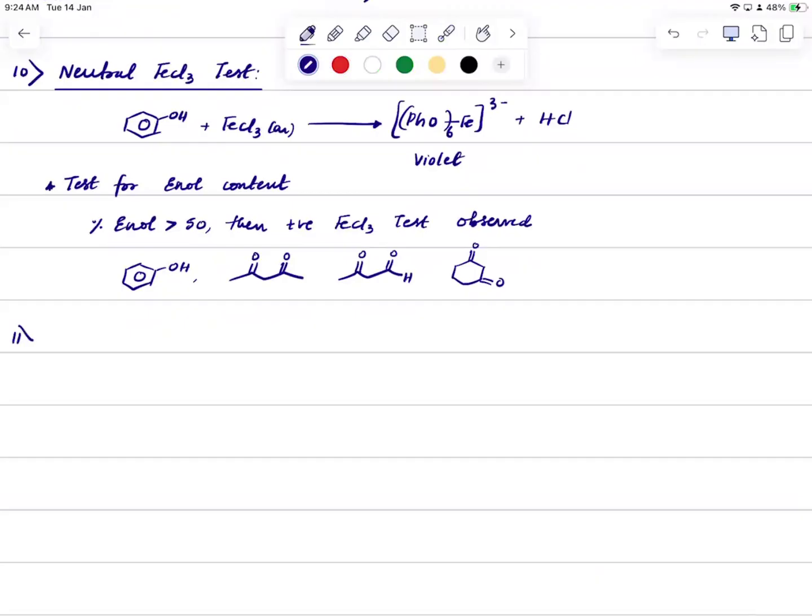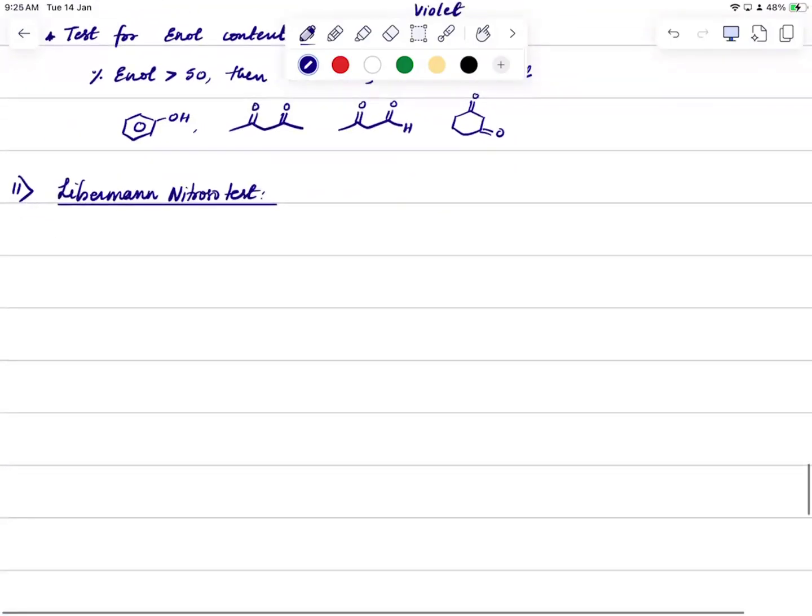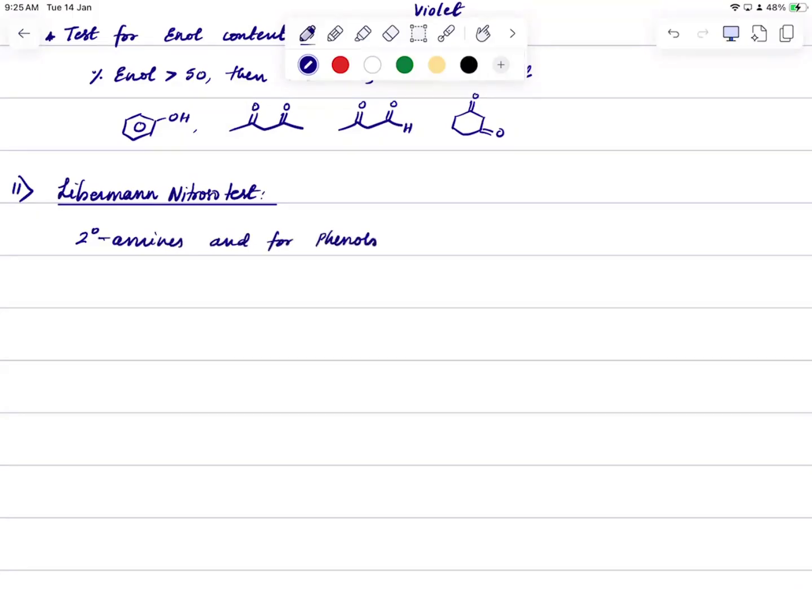Okay. 11th one, Libermann nitroso test. Libermann nitroso test is the test for two things. One is for 2-degree amines, and for phenols.